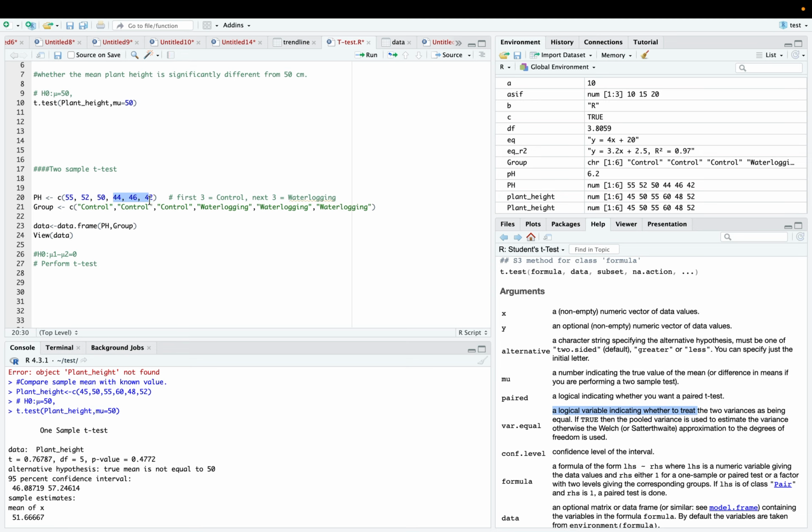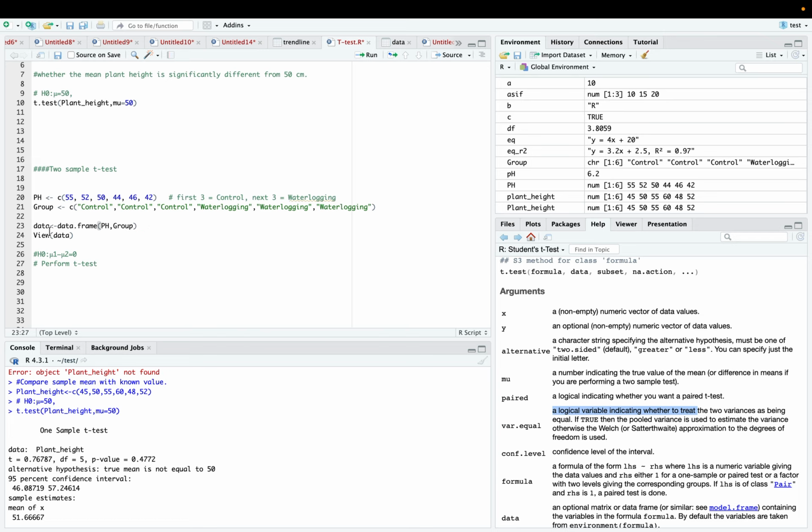You can also import your data by using import data set from Excel, and you can take it from there. I'm just showing it here. And then group, that is our treatment group: first three control and second three water logging. So this is my data frame.